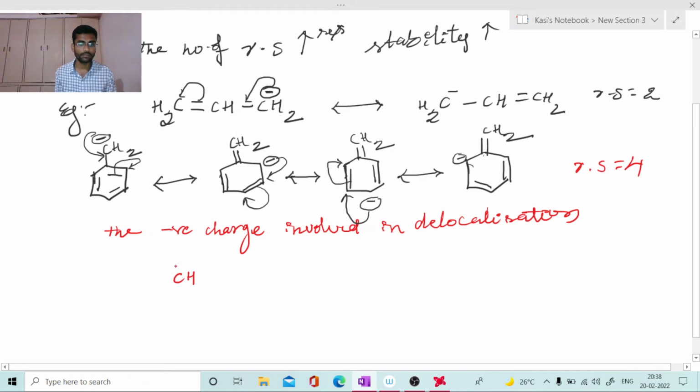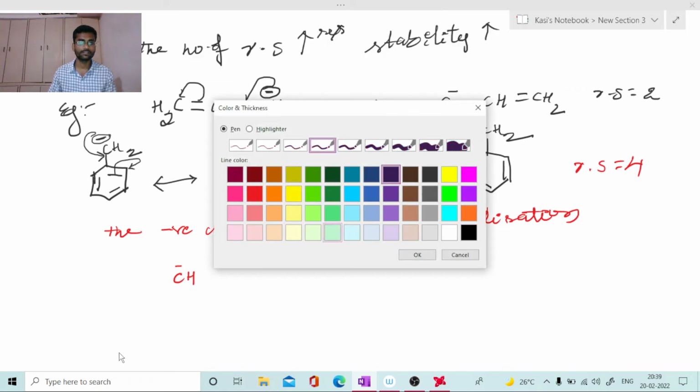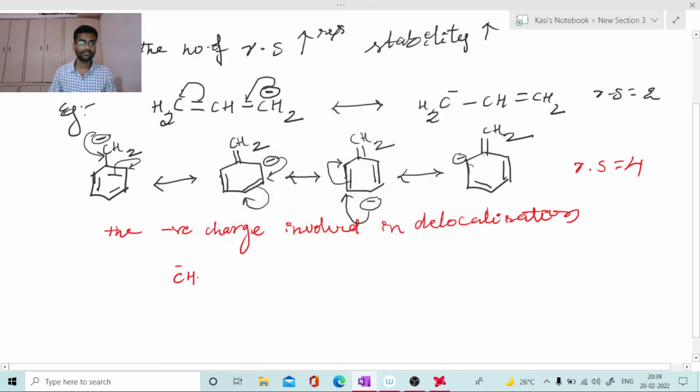Diphenyl carbanion. Wait, I am changing the color. Here, the next one is diphenyl, C6H5 CH minus C6H5.